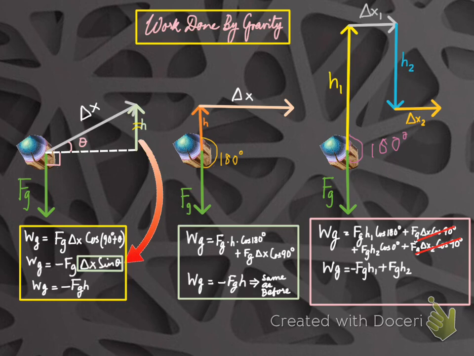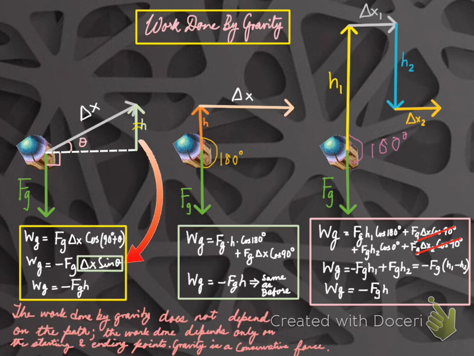So when we put these two together, we get Wg equals negative Fg h1 plus Fg h2. Now this is negative Fg times h1 minus h2. But h1 minus h2, we see, is just h. Therefore, the work done by gravity is negative Fg h, just the same way as it was before.